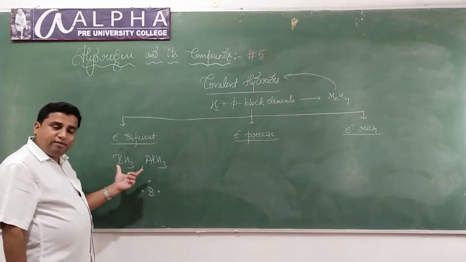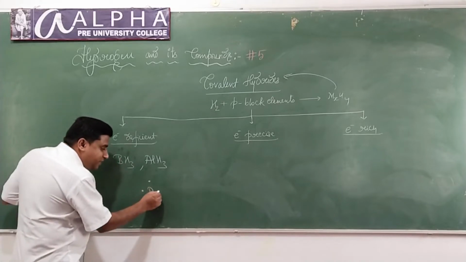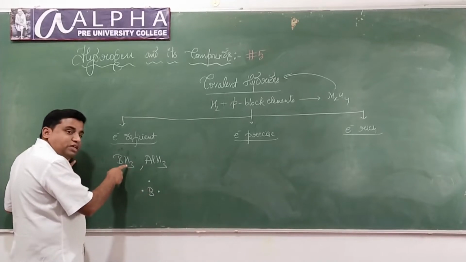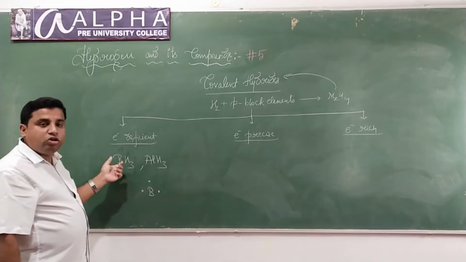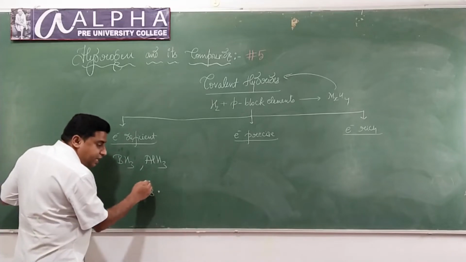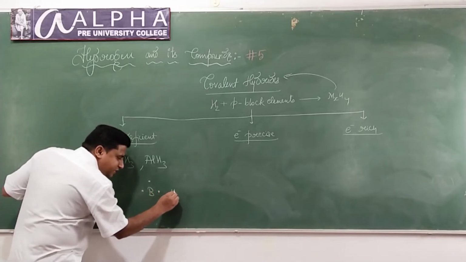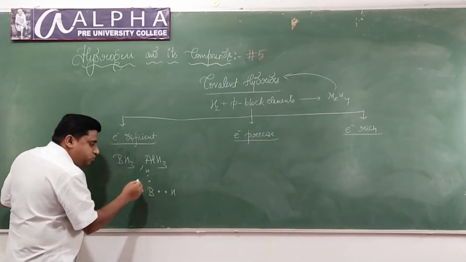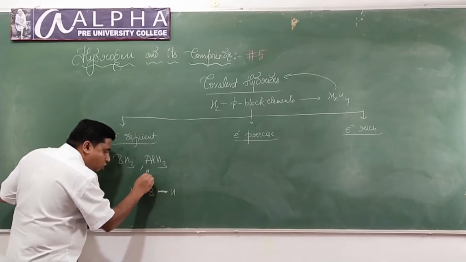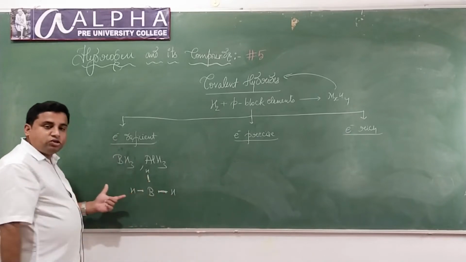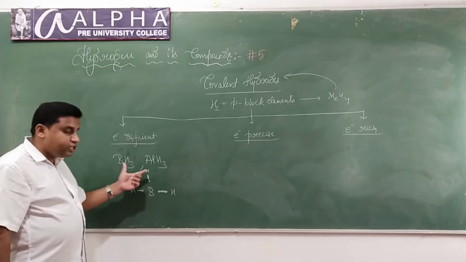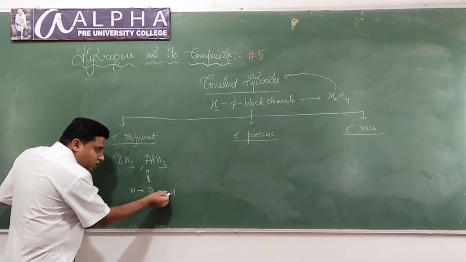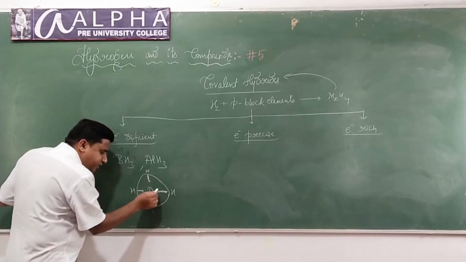These 3 outermost electrons of boron will be shared with the 3 electrons of hydrogen, and it forms BH3. What is this molecule called? Borane.